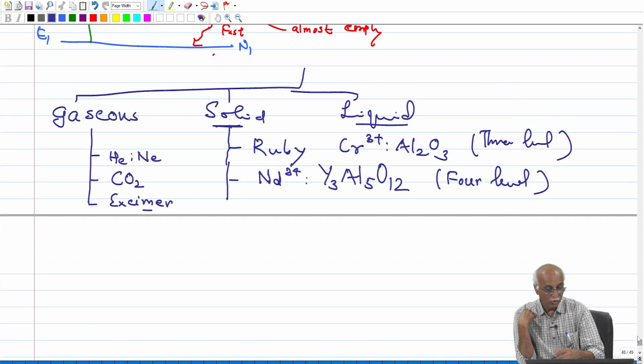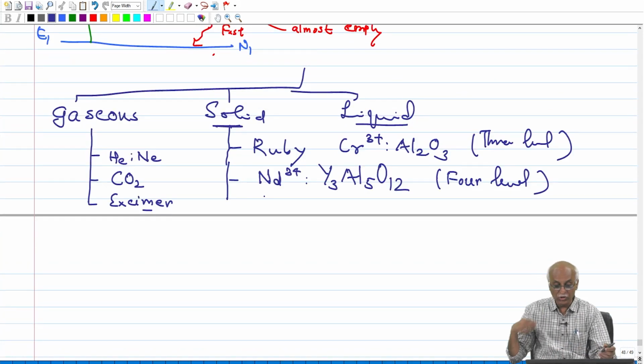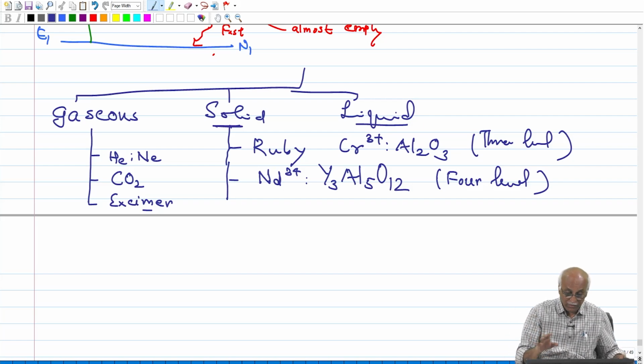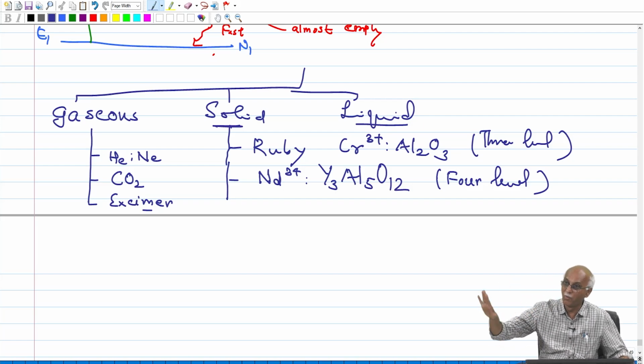Like this there are many, and we will try to see some of these examples quickly. We will not go into details of how energy levels are derived. It is physics, and they have worked on it.